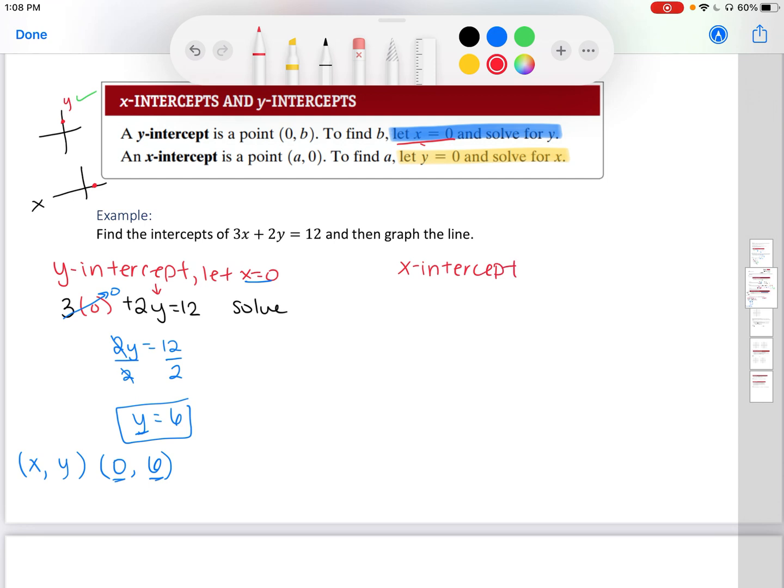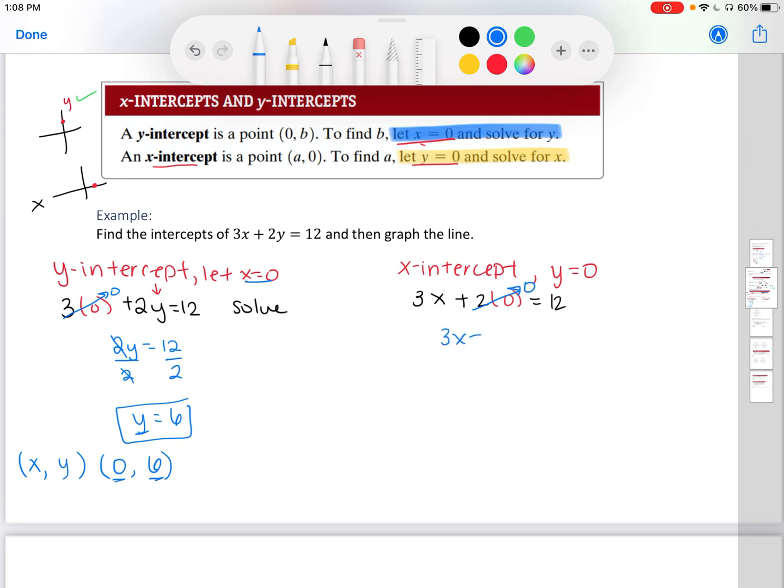Moving forward, to find the x-intercept, we're going to let y equal 0. So let your other letter be 0. Let's plug that in. We have 3x + 2 times 0 = 12. Anything times 0 is 0.